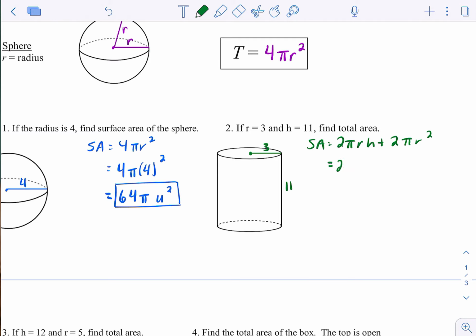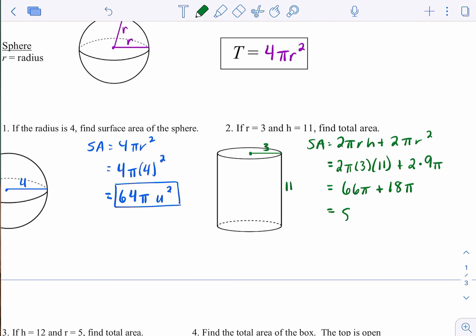So that makes this 2 pi times the radius of 3 times the height of 11, plus 2 times, and now I'm just going to go ahead and calculate that area in our head. So radius of 3, that makes this a circle of area 9 pi. So 2 times 9 pi. The first one comes out to be 66 pi plus 18 pi.